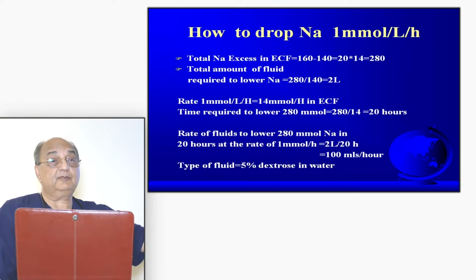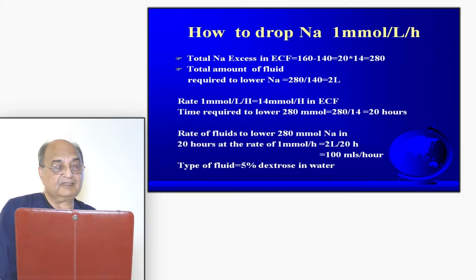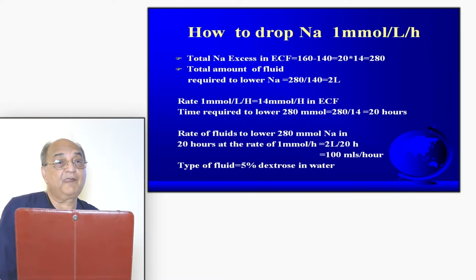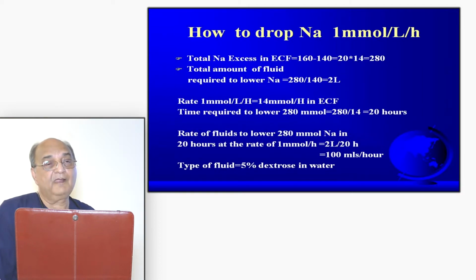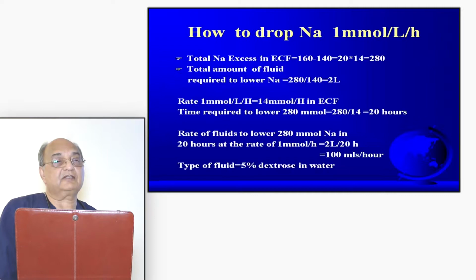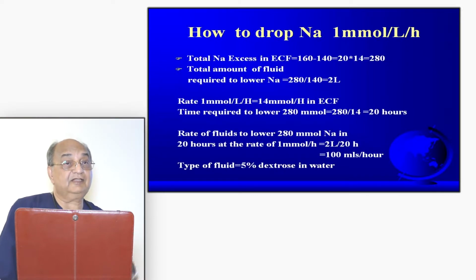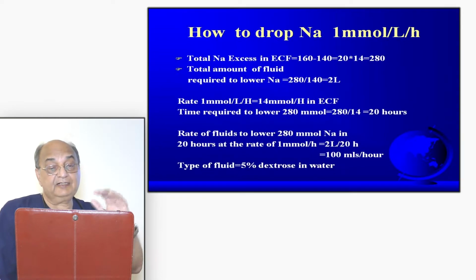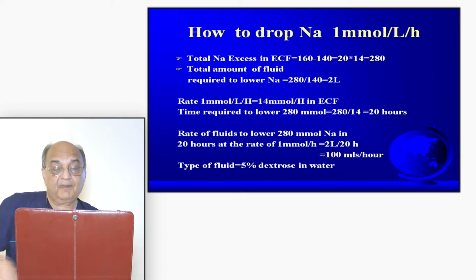Otherwise, if we give a large amount of insulin, the glucose outside the cell is very high, for example 900. If you reduce it very quickly, it will lower the osmolality outside the cell, and the water starts going inside the cell. The patient will start convulsing and go into a coma. So that's why it should be corrected very slowly, so that there are no other side effects of this correction.